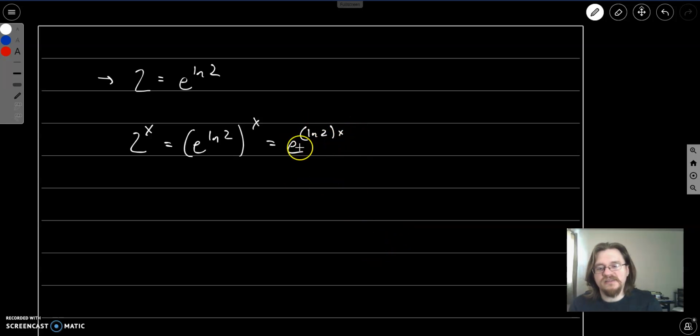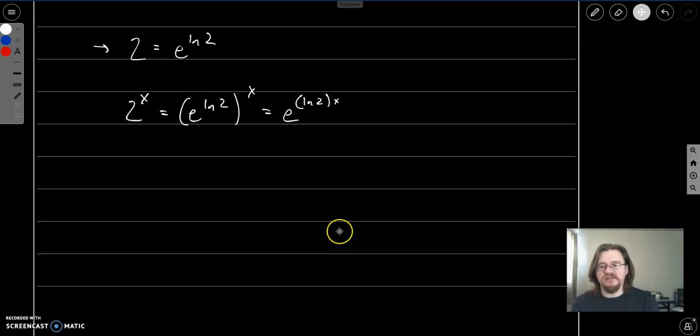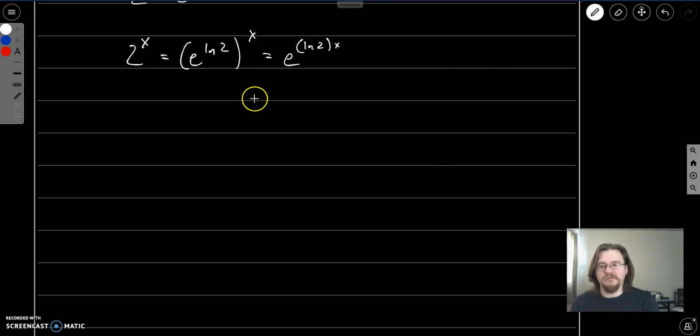And here, this is where I can say the following. I told you that the derivative of 2 to the x is going to be 2 to the x times the natural log of 2. It's always the same thing times the natural log of the base.